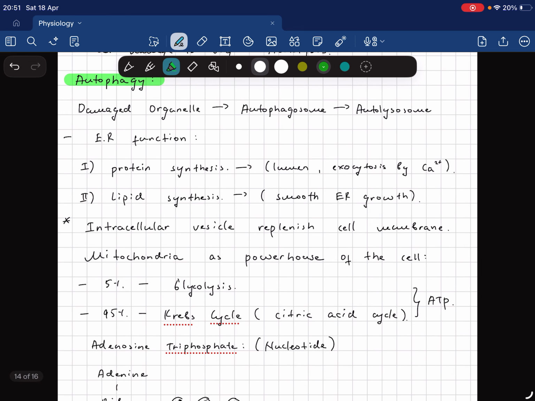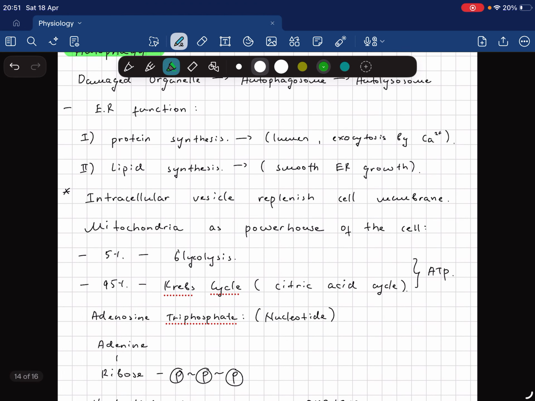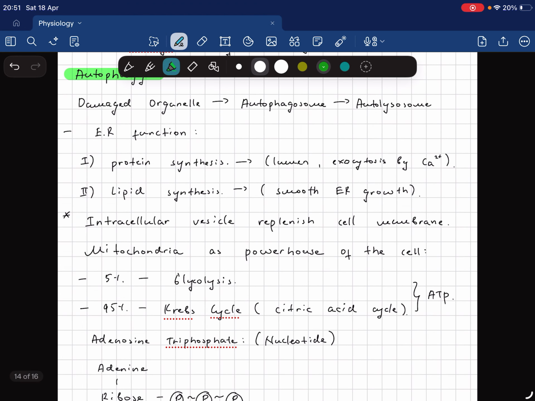Autolysis and autophagy are a little bit different. Maybe autolysis is the cell suicide and autophagy is you eating yourself, right? Firstly, you have the damaged organelle, and that will produce the autophagosome, and that will become the autolysosome after it combines with the lysosome.